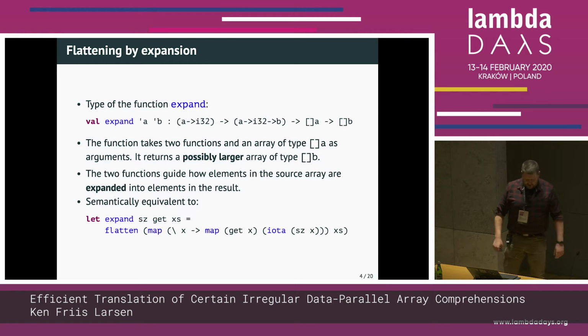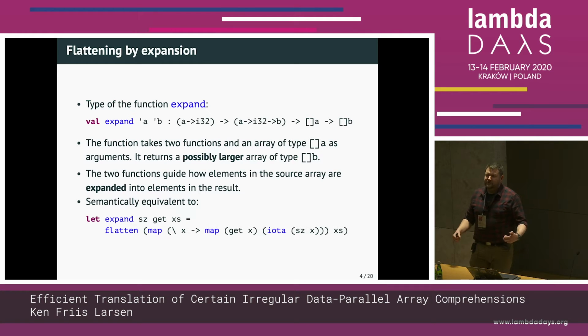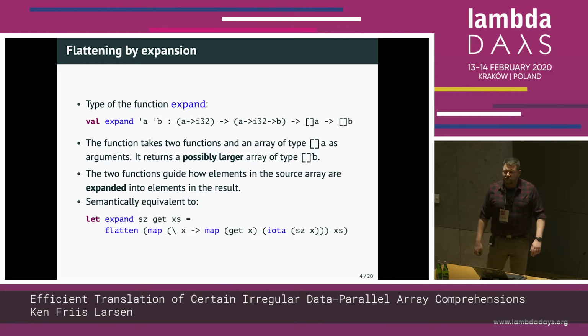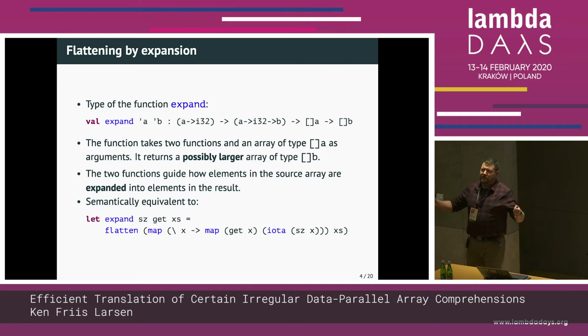This is just a function that generates an array of integers starting from 0 and up to one less than the argument. And flatten, that's also known as concat, so that's something that in Haskell would take a list of lists and return one list.